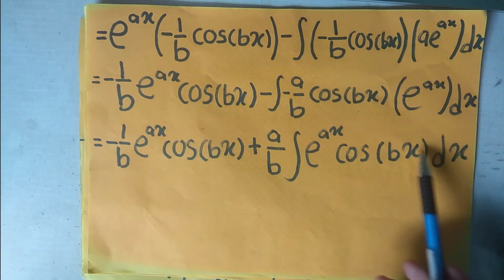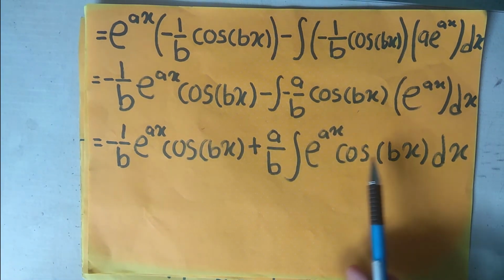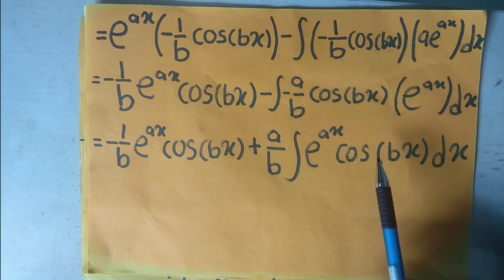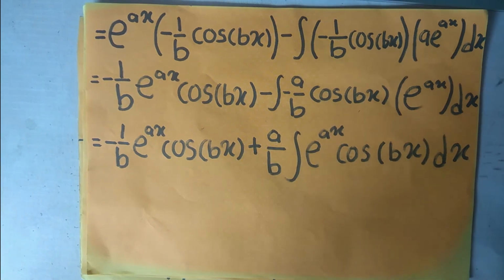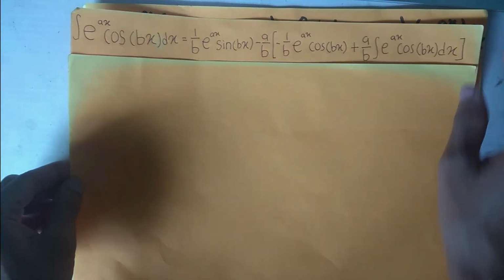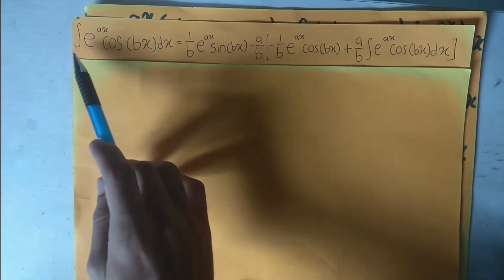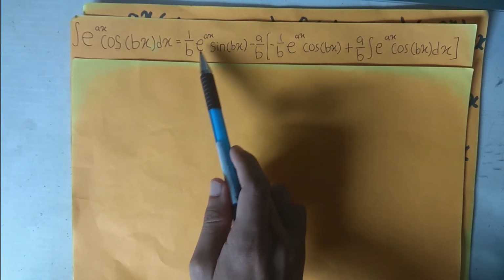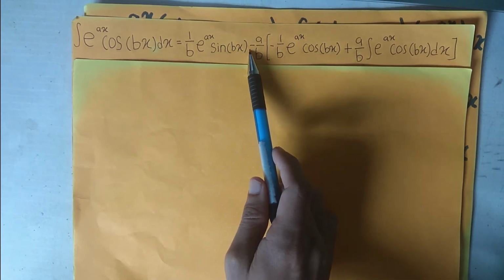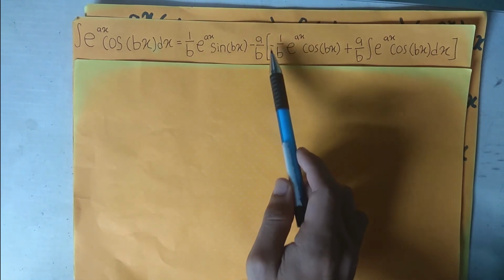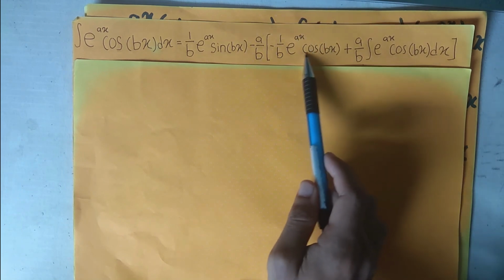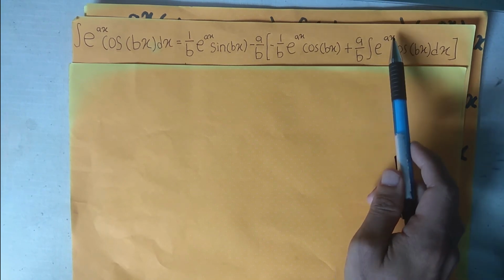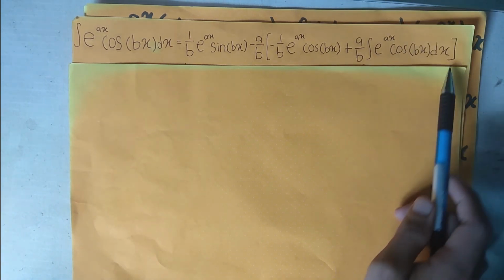After we get all the answers in the general form of the IBP, we have to combine all the equations for the first, second, and third, and we get this. We get the integral of exponential power of ax cos bx dx equal to 1 over b exponential power of ax sin bx minus a over b open bracket minus 1 over b exponential power of ax cos bx plus a over b integral of exponential power of ax cos bx dx close bracket.